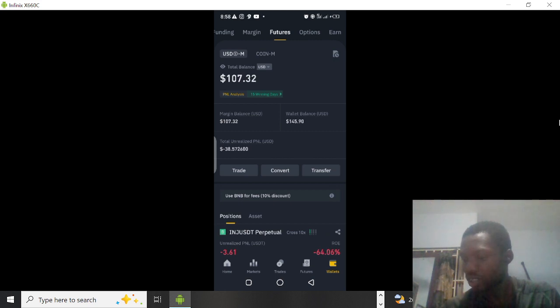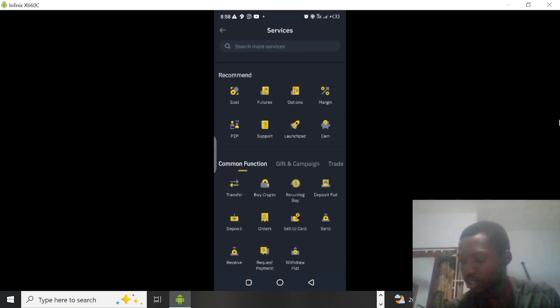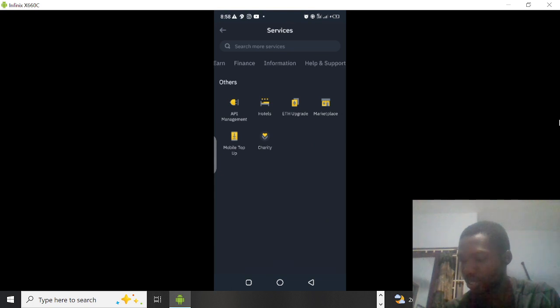So what you do is you connect your API. You go to Binance and then you go to API management, and when you open API management, you just create an API.